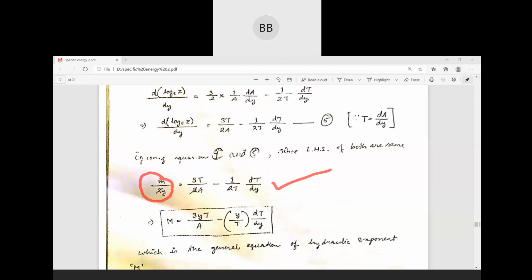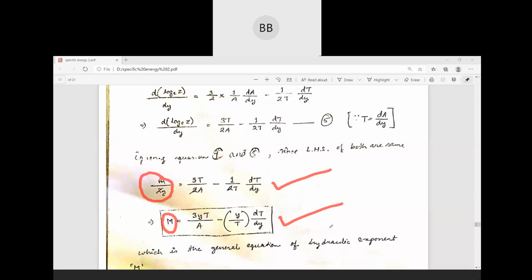This 2 will be cancelled out. Then you can get an expression for m. We are going to multiply by y on the right hand side. If you multiply it by y, it will be 3yt divided by a minus y by t dt by dy. This is your final expression.